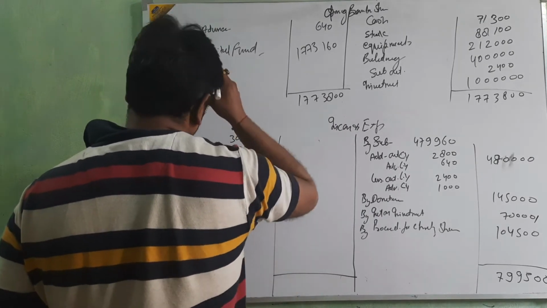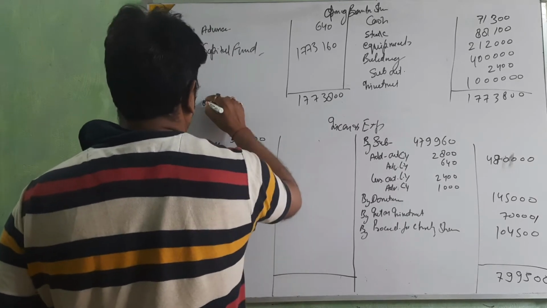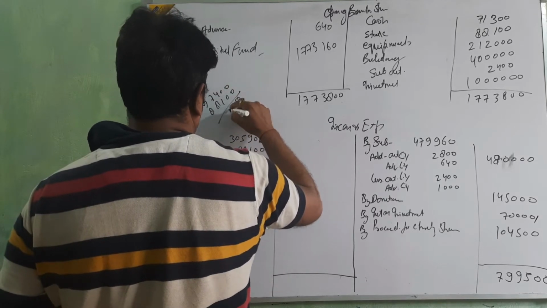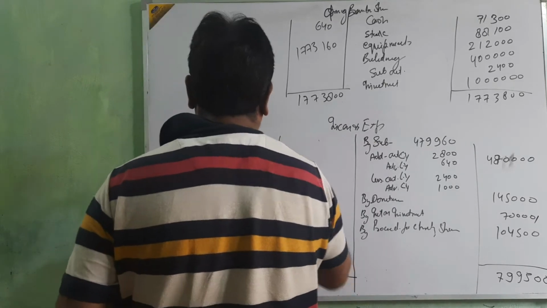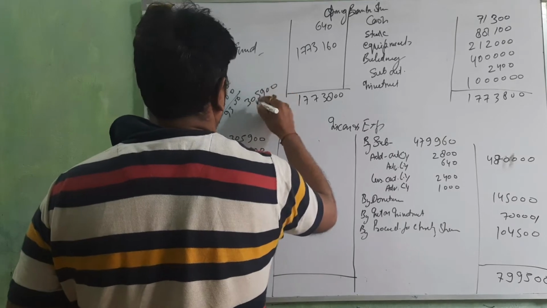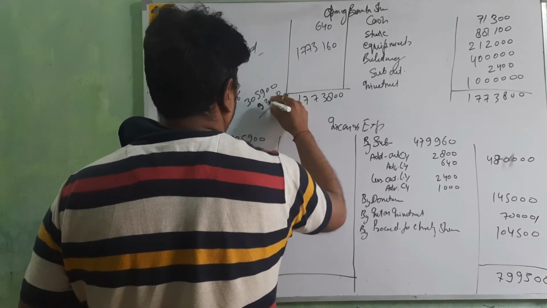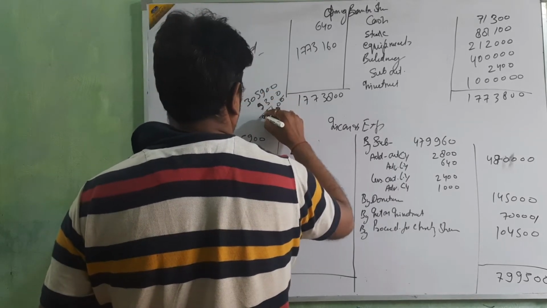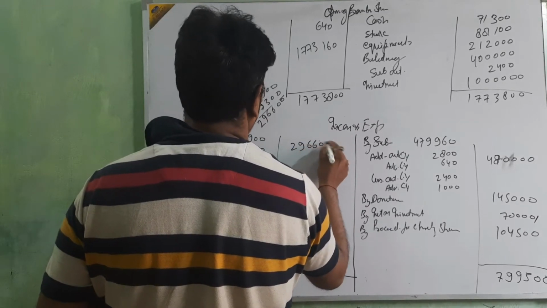Just take the calculation. Closing will be less, na beta. So 97,400 less 88,100, the amount is 9,300. Less that 9,300 from here. Just see, for you we are going to calculate the things. So 296,600.